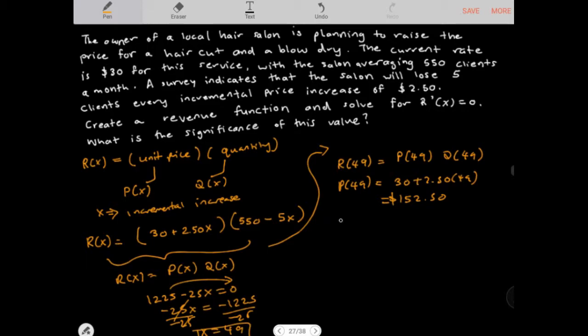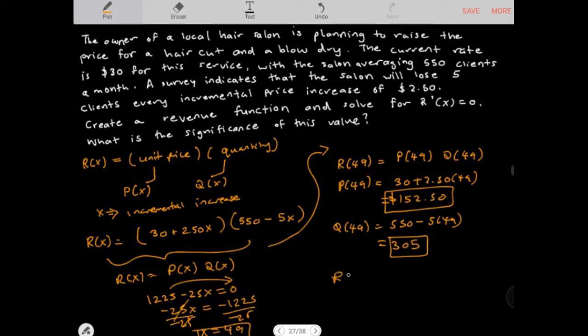Then Q of 49 is 550 minus 5 times 49, which gives us 305. So the price of our service is going to be $152.50, and we're going to have 305 clients. That's a significant decrease in the number of clientele.